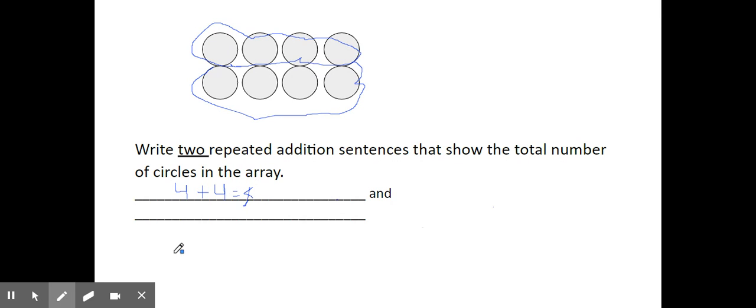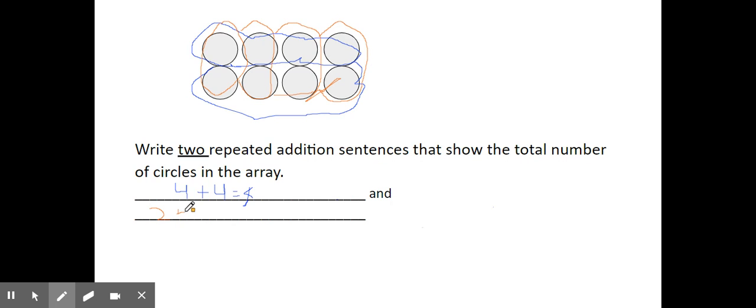Now I'll draw the columns in a different color. Here's 1 column. Here's 2 columns. 3 columns. And 4 columns. In the first column, there are 2. In all the columns, there are 2.